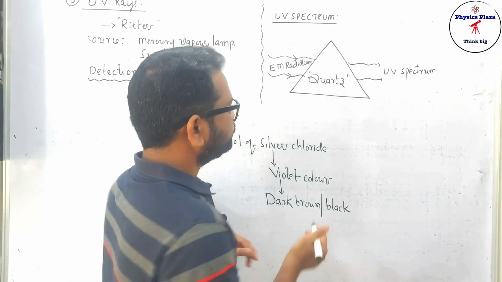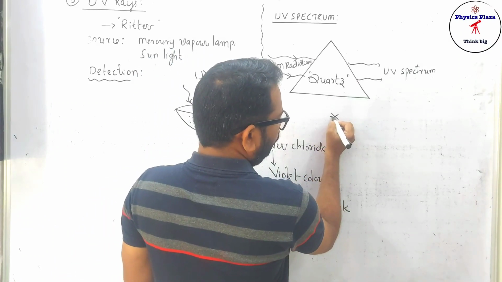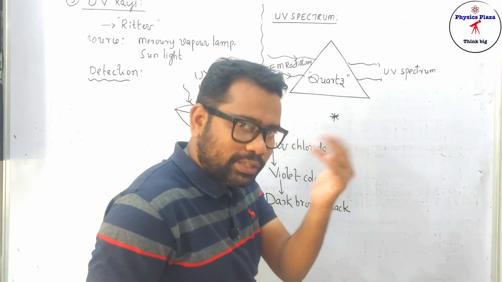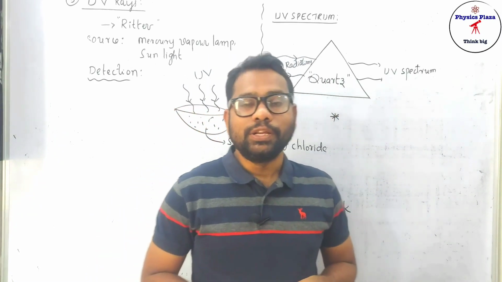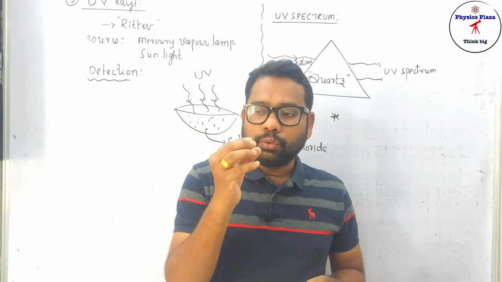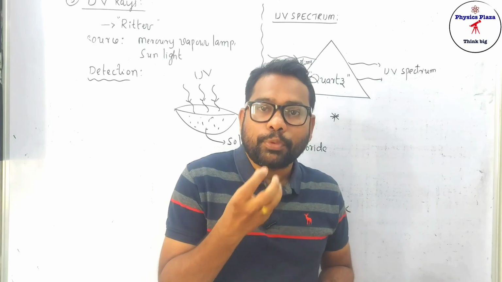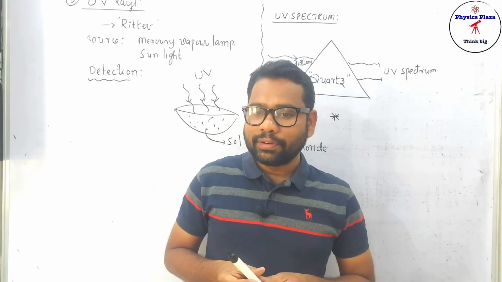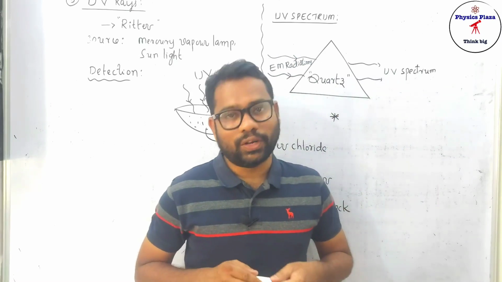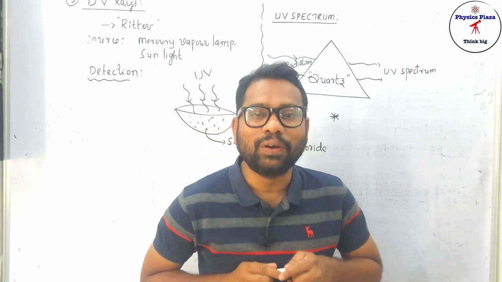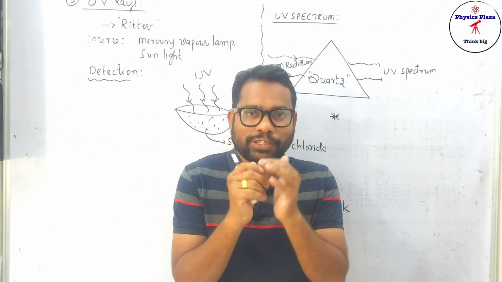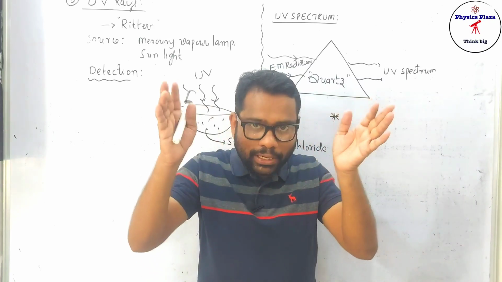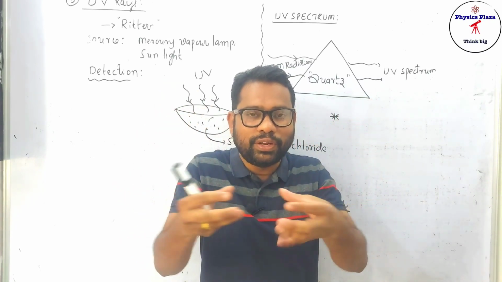Clear, children? Fine. Now come to the uses. Let us see, what are the uses, children? These are used to check the purity of eggs and the purity of gems. And even, children, recently during the corona sterilization, I don't know whether you noticed or not, we had a kind of machine where UV rays are produced.